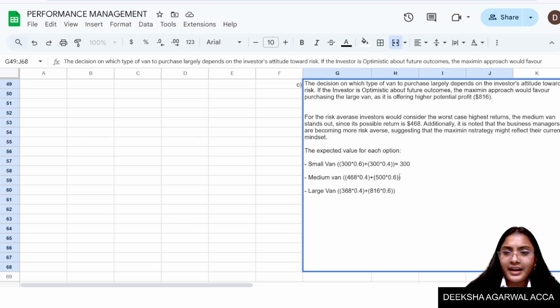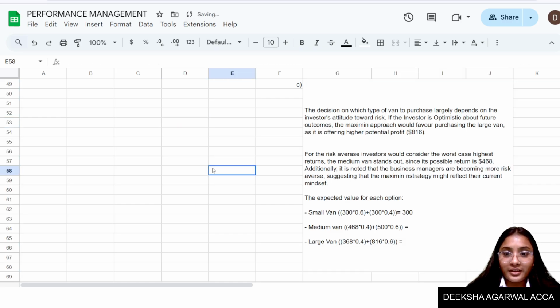Now you can just write down the equal to whatever your values will be. Let's quickly calculate them roughly. You don't need to open the calculator here: 468 into 0.4, 500 into 0.6. Next will be 368 into 0.4, 816 into 0.6. So you can add those values.